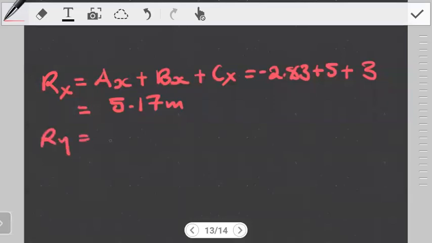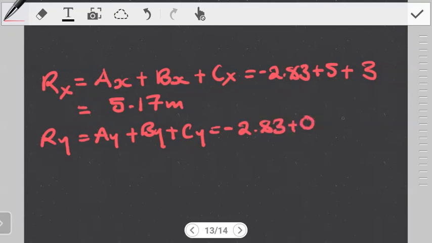Okay, lastly now, the y component of the resultant. Just like we saw earlier, it's going to be the y component of A plus the y component of B plus the y component of C. So this is going to be negative 2.83 plus 0, the y component of B was 0, then plus the y component of C, that was 5.20.